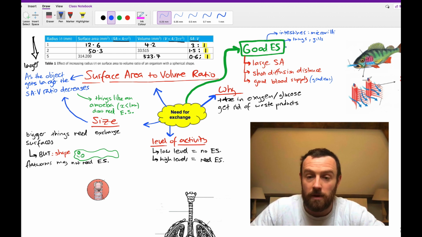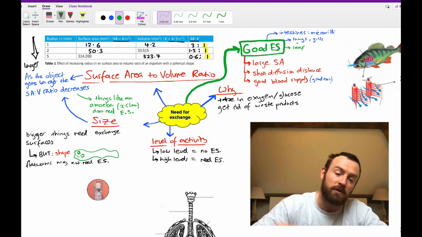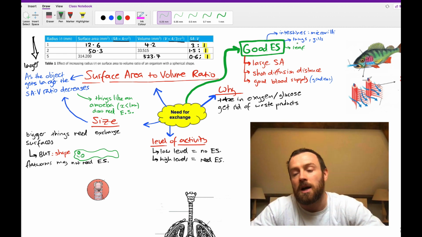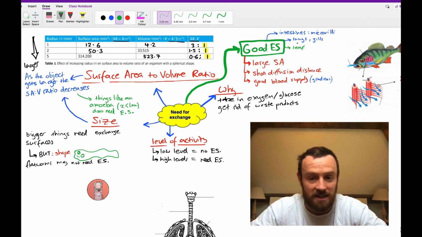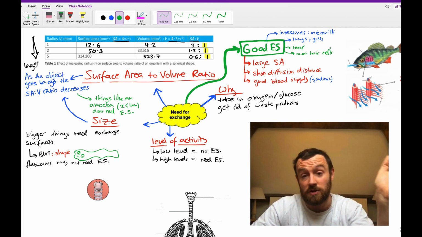What else have we got? We've also, in plants, let's do green for plants. So we've got the leaf. The leaf is an exchange surface because that's where carbon dioxide is absorbed for photosynthesis and oxygen is released, vice versa for respiration. We've got the stomata, we've got the spongy mesophyll, that's an exchange surface. And we've also got the root hair cells, or the root system, which again has high surface area, short diffusion distance, things like that.